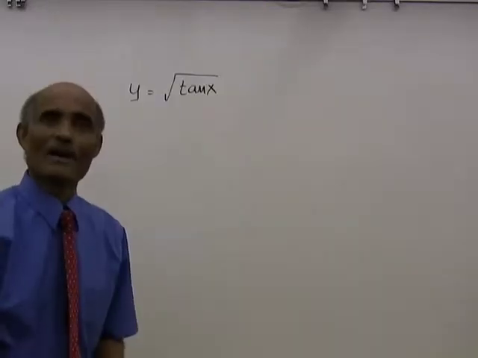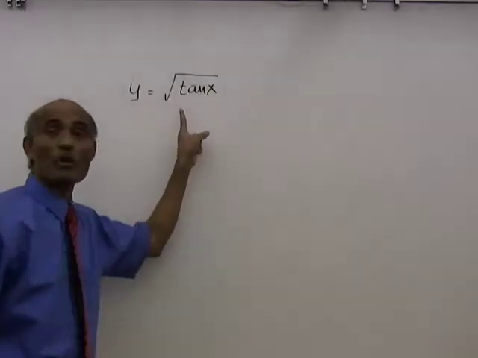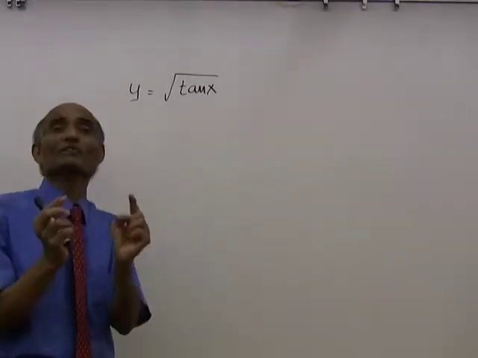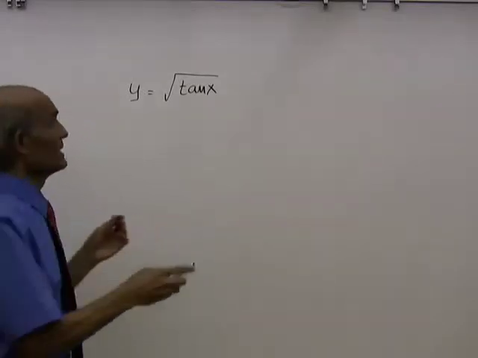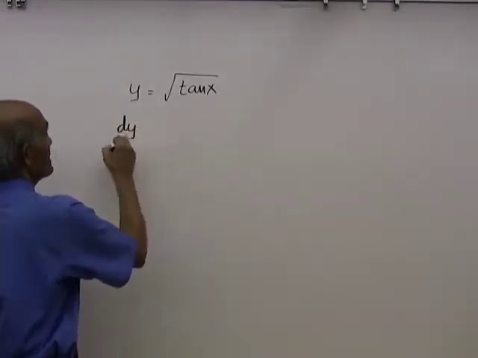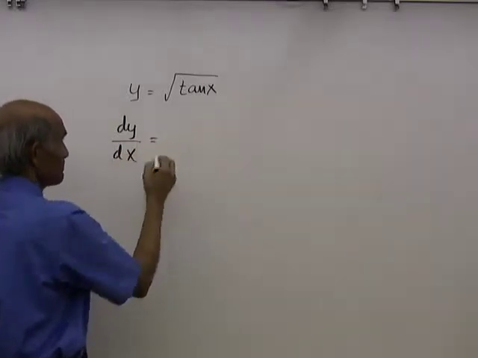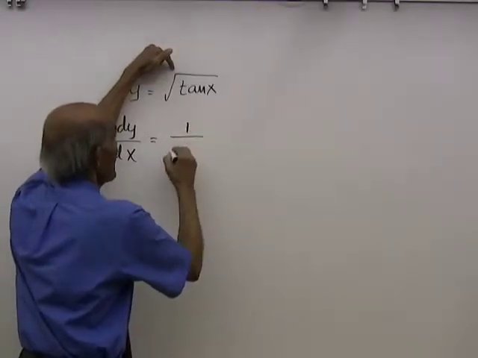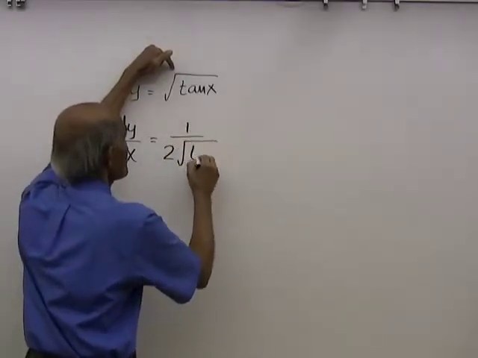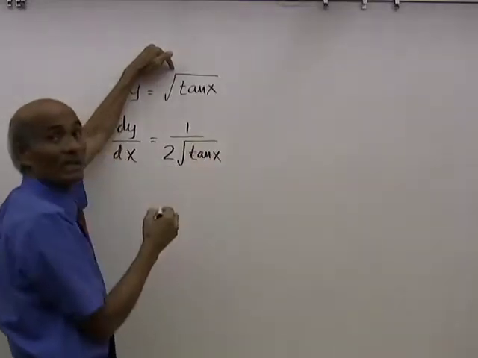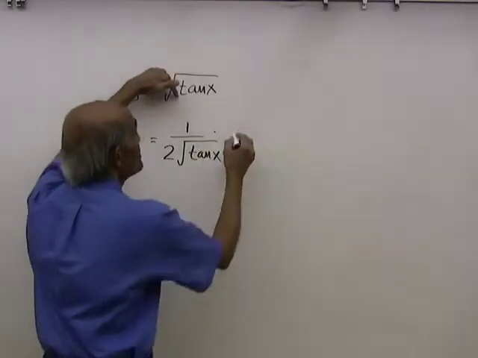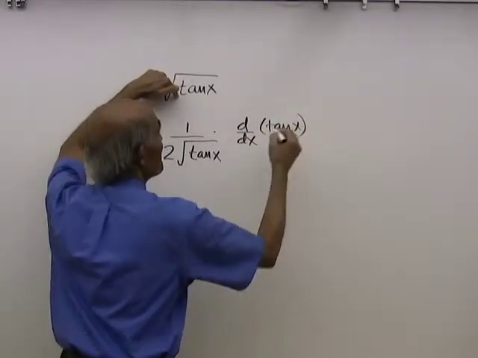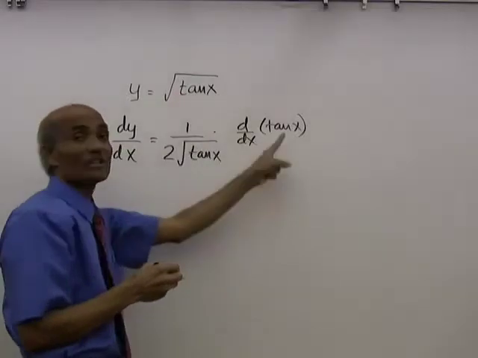Okay. How about this? Y equal to square root of tan x. Square root of a quantity. The quantity is tan x. So what is dy by dx equal to? The derivative of a square root quantity is 1 over 2 square root of that quantity multiplied by derivative of that quantity, d by dx of tan x.